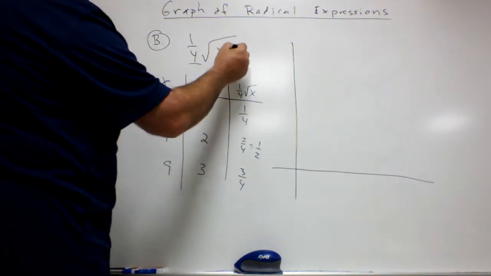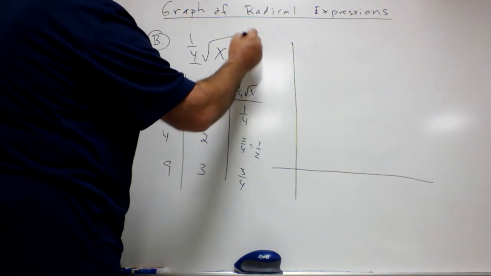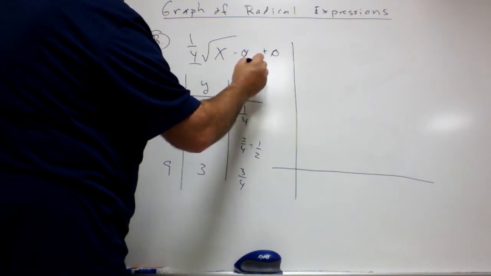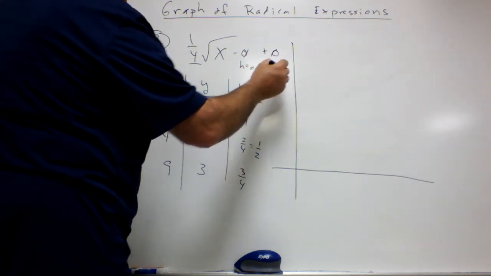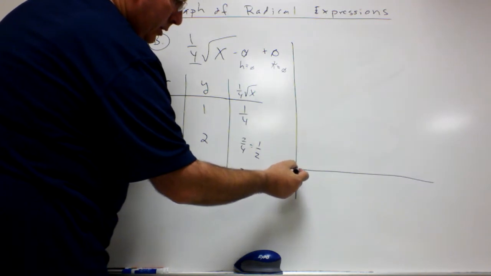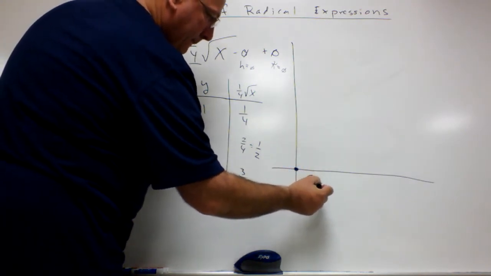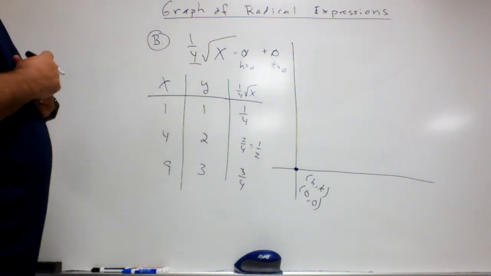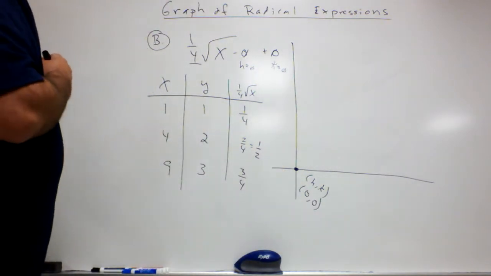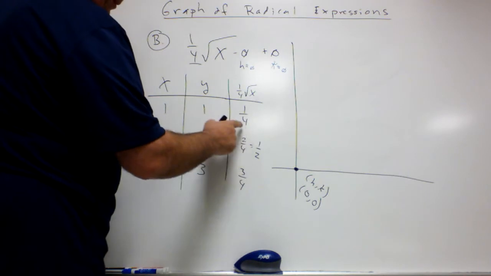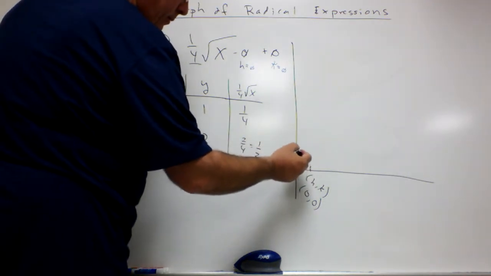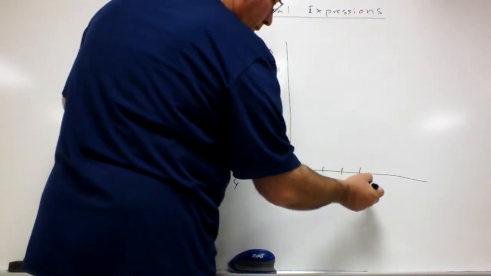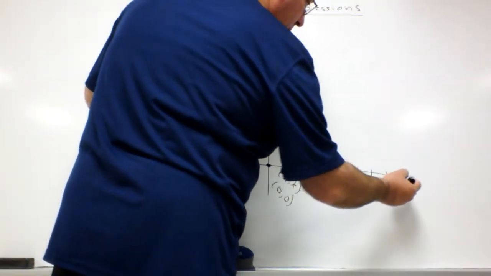So when we go to graph it, again we can see that x is minus 0 and plus 0. So h is equal to 0 and k is equal to 0. That is our starting point, 0, 0. Then we're going to plot at 1, 2, 3, 4, 5, 6, 7, 8, 9.